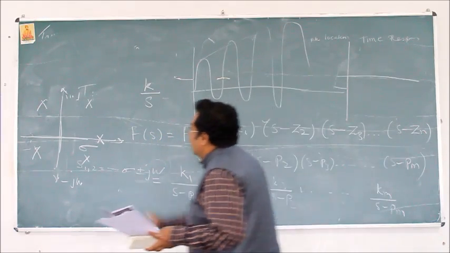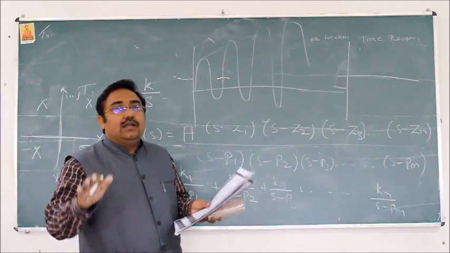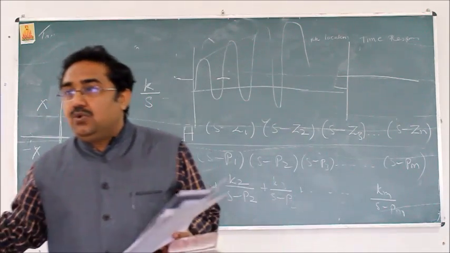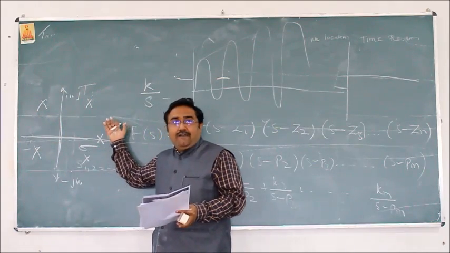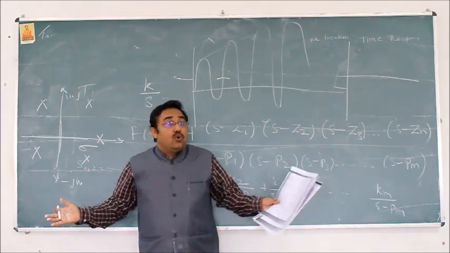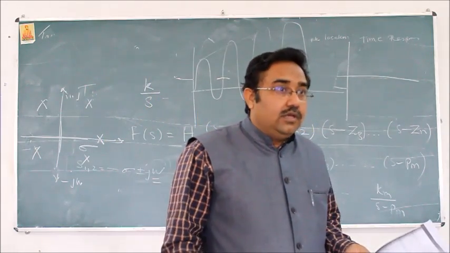If poles are lying on the left half of the S-plane, the system will reach some steady state value. But if the poles are lying on the right half of the S-plane, it will go on increasing unboundedly. You are getting my point?